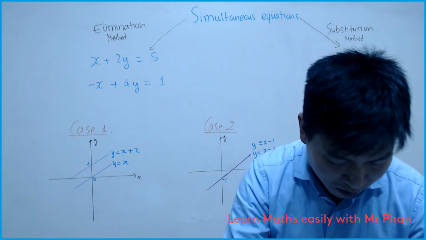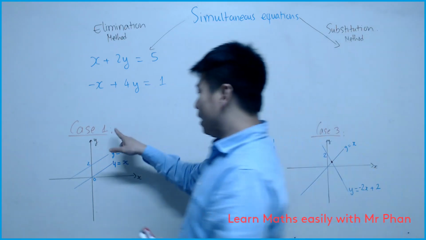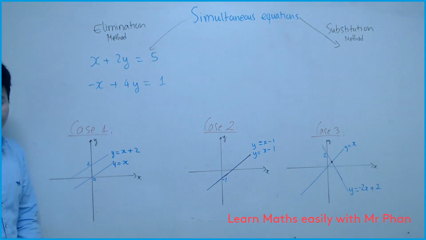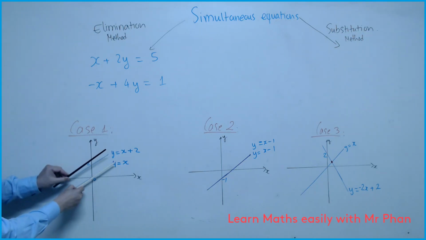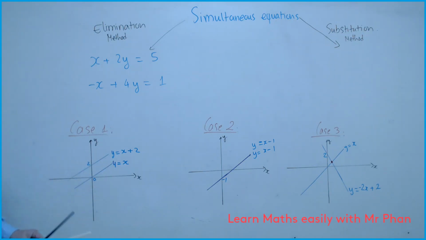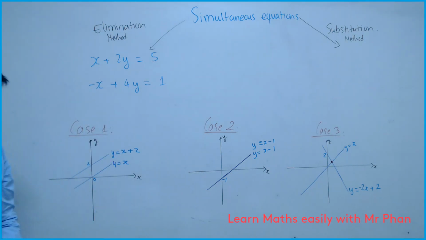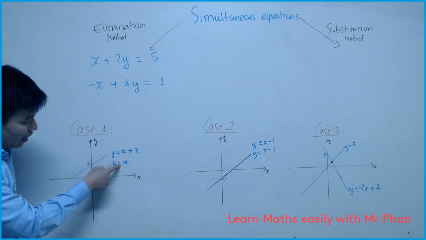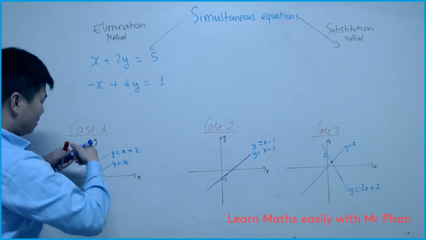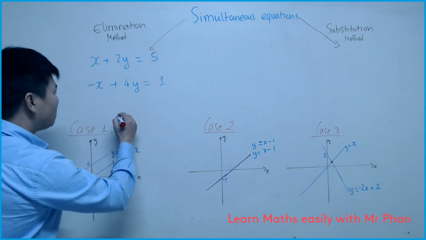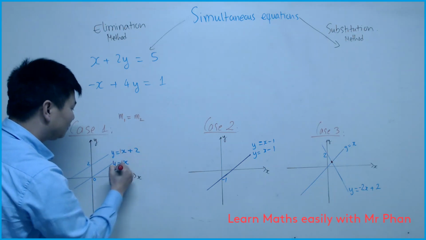So I'll give you an example with three different cases. For case number one, you see these two lines are actually parallel. That means they never meet each other. Why? Because they have the same m. So when they have the same m, m1 equals m2, because it's 1 and 1.